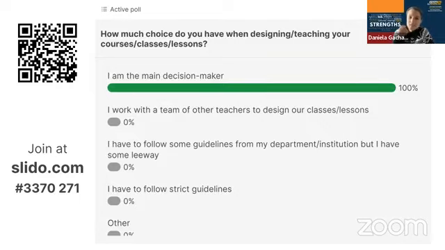Do you work with a team to design your classes? Do you have to follow certain guidelines from your department, so that your agency becomes much more limited? Or do you have to follow such strict guidelines that there's actually not much agency? You can see for now, most of you are main decision makers, which is lovely. Yes.